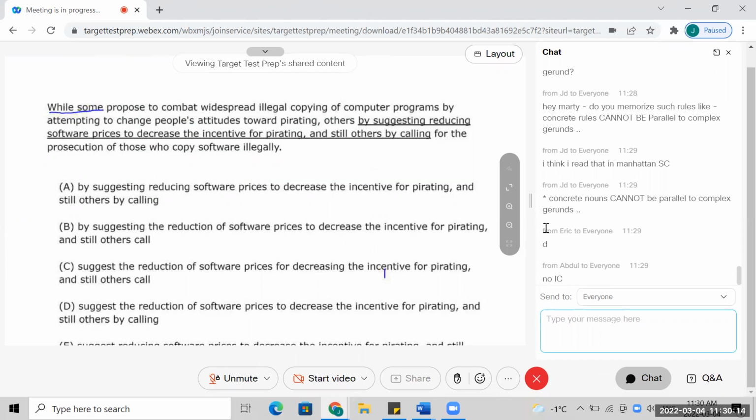So where's the main verb? Where's the main clause? There isn't. A is out, even though, by the way, it is parallel. While some propose by attempting to change, others by suggesting, and still others by calling.